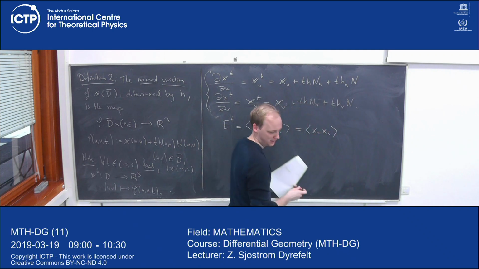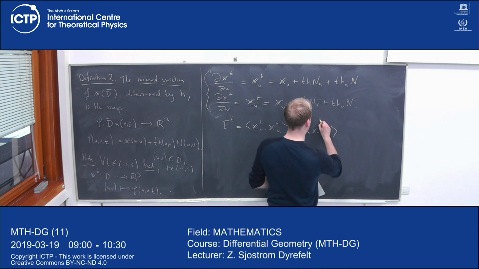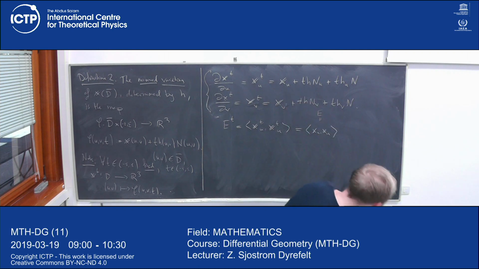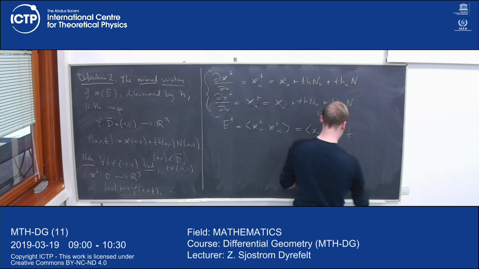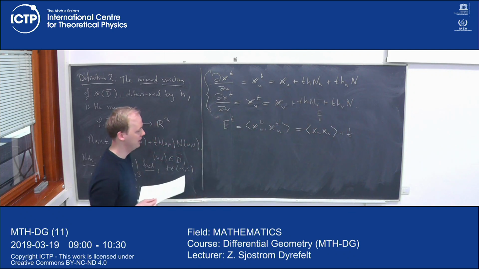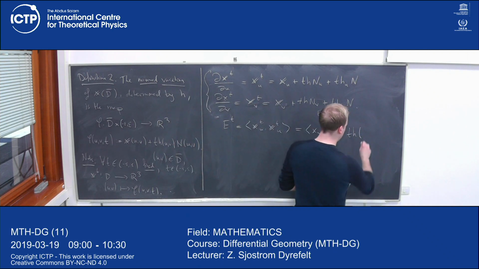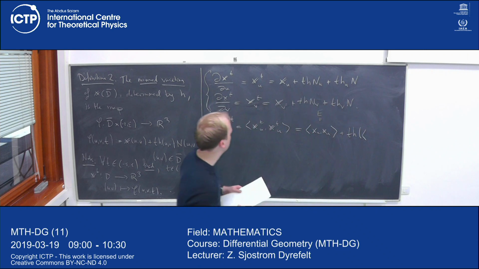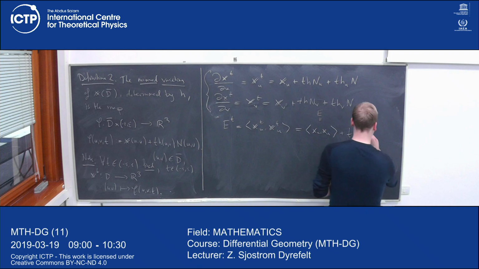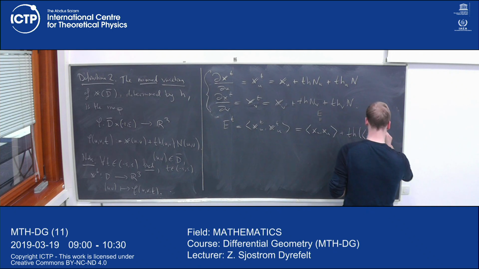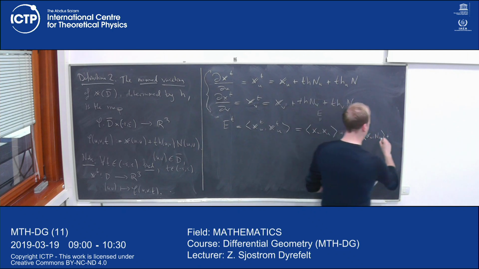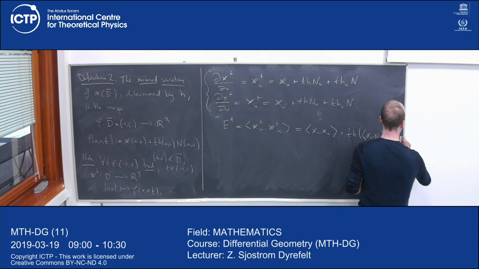So what you get is x_u dot x_u, which, as you said, is just E. So you get E, and then what are the coefficients that you get? You get t h times what? You have this thing times itself. So you get t h x_u n_u, plus the same thing again, plus x_u n_u.